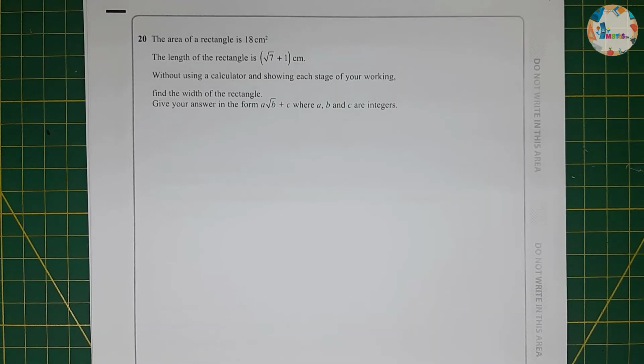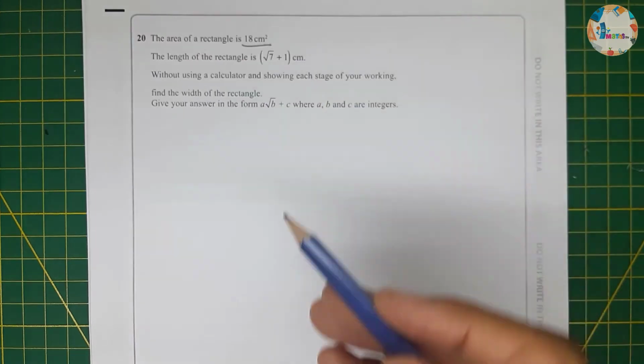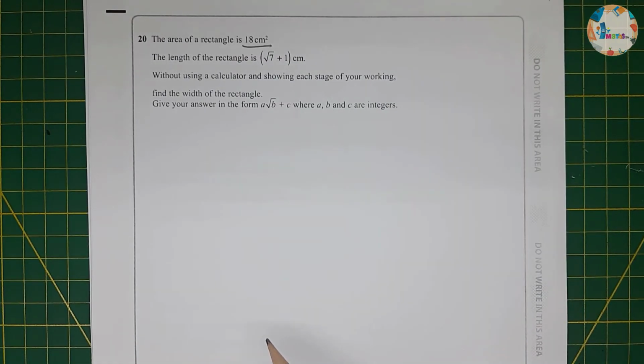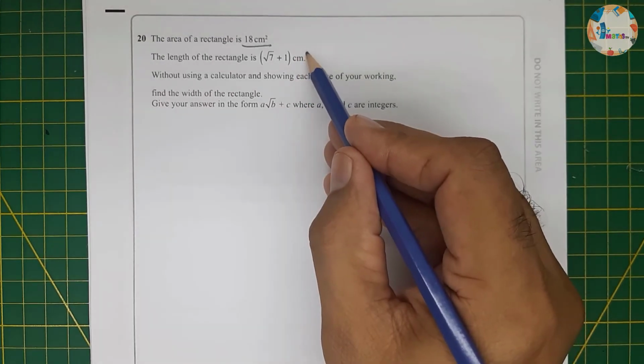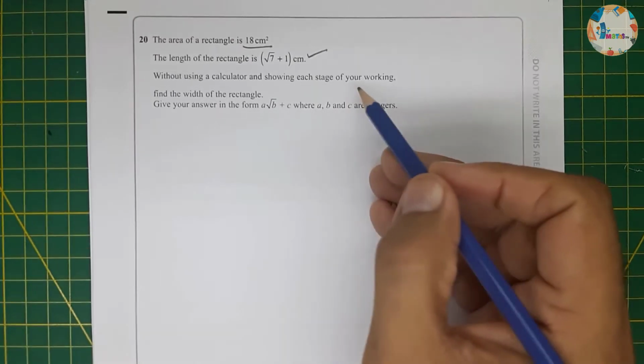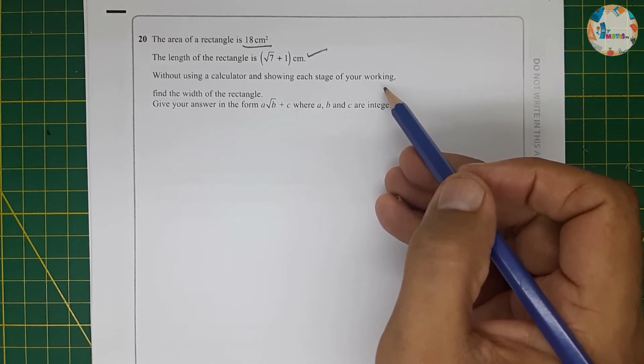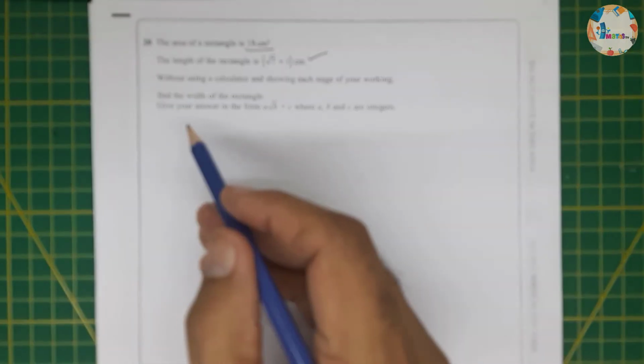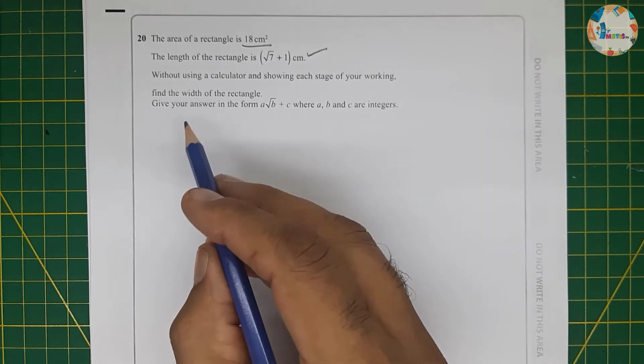Hopefully you got this. Now question number 20. The area of a rectangle is provided, which is 18 centimeters square, and the length of the rectangle is also provided, and the length of the rectangle is this one. Without using a calculator and showing each step of your working, find the width of the rectangle.